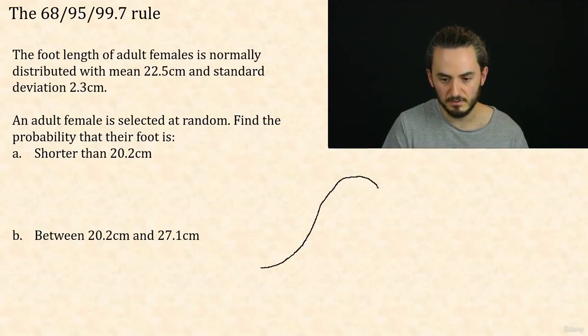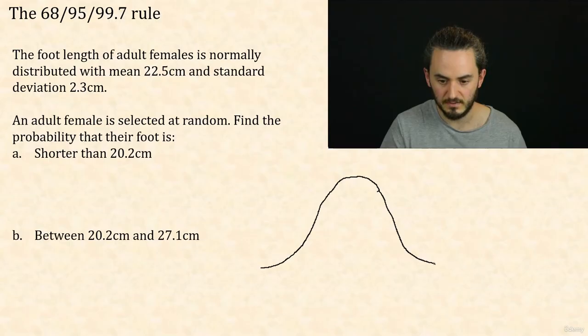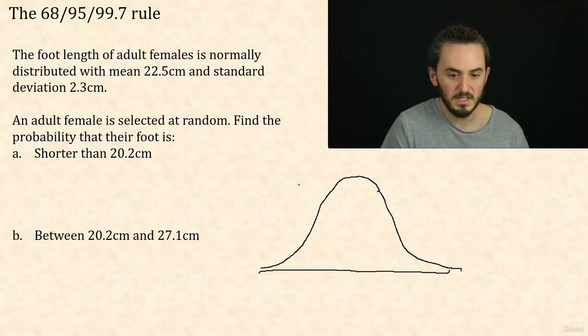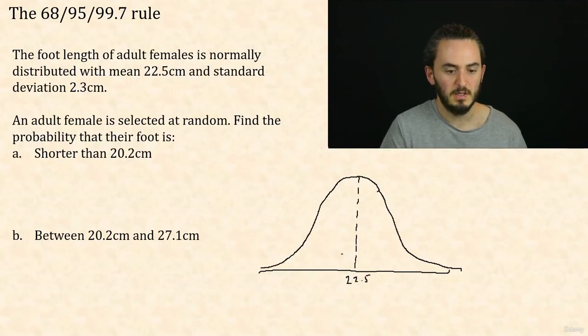So here is their normal distribution. You're going to get very good at sketching bell curves like this. And what do we know? Well, we know that the mean is 22.5, so I tend to draw a dotted line right down the middle and put the mean there. So we're looking at 20.2.